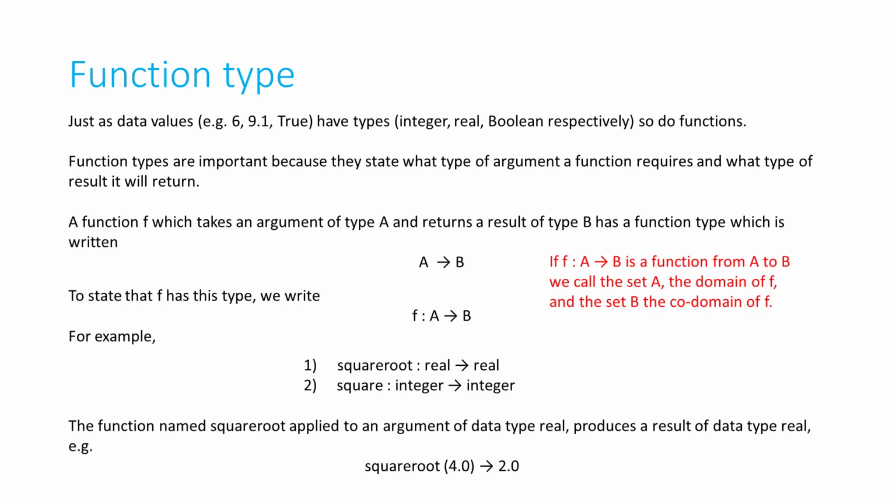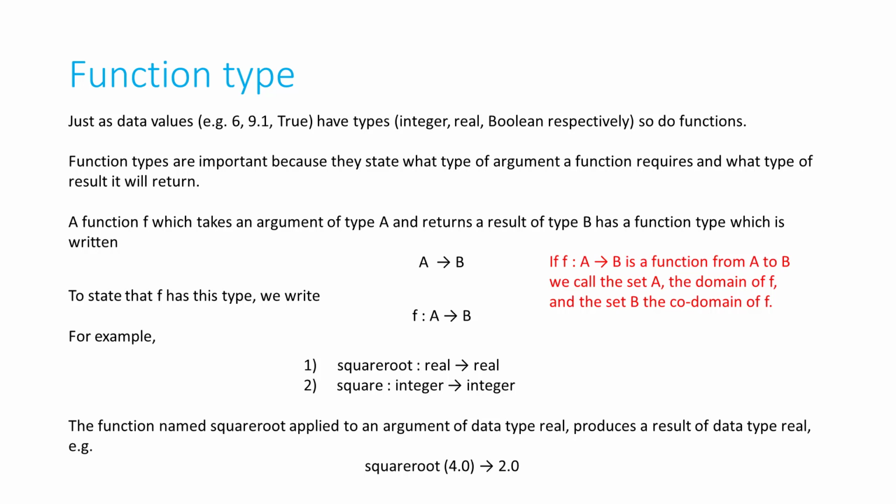The function name square root applied to an argument of data type real produces a result of data type real. For example, square root of 4.0 maps to 2.0.